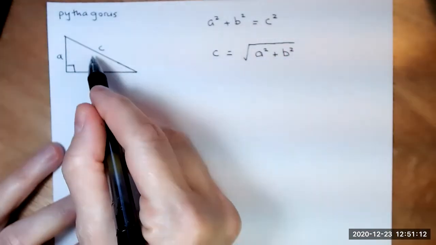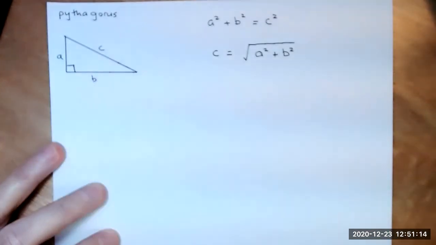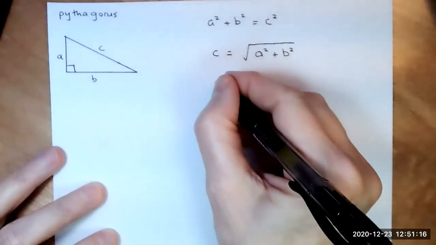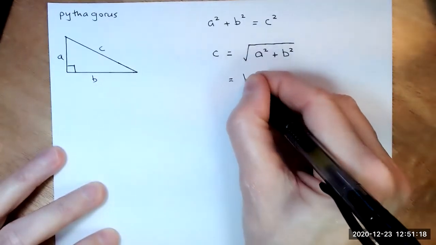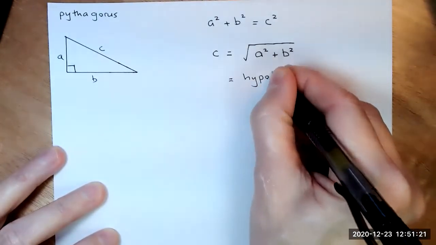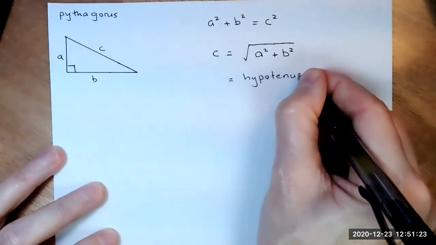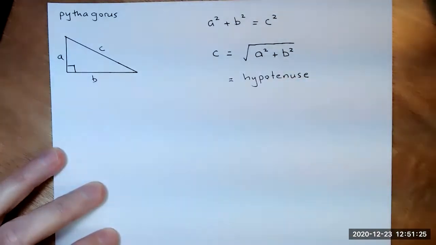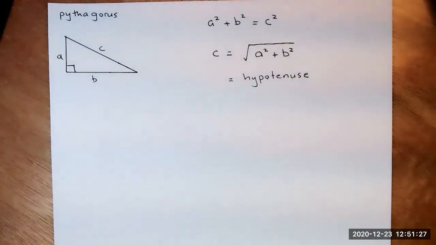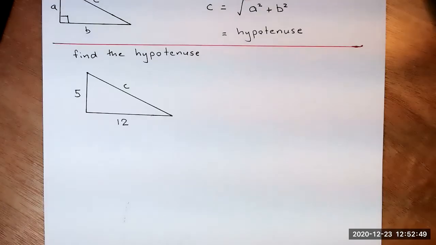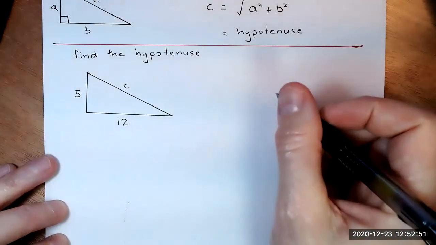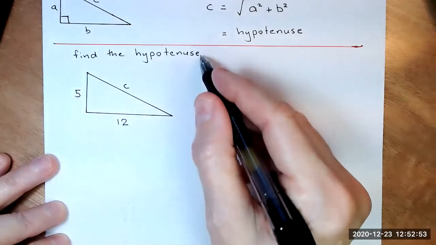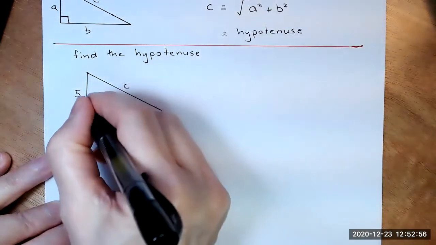And you probably recall that this long side is called the hypotenuse. All right, let's do an example. Let's find the hypotenuse of this right triangle.